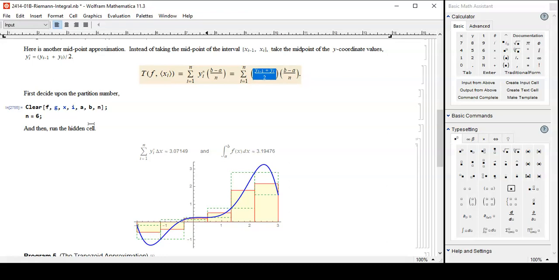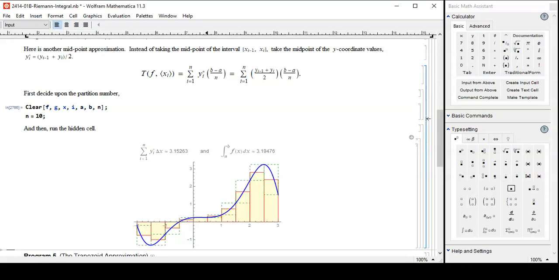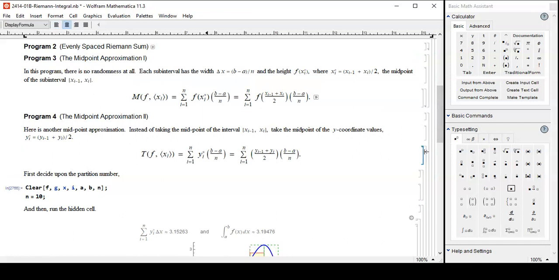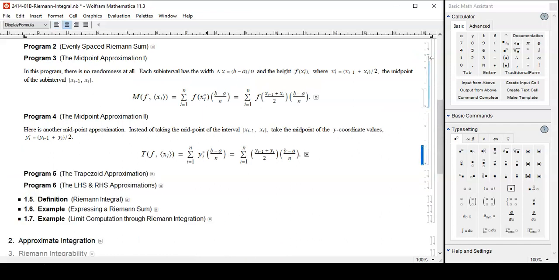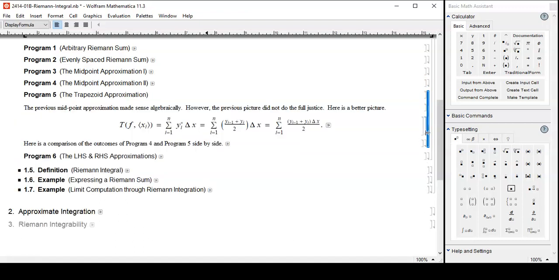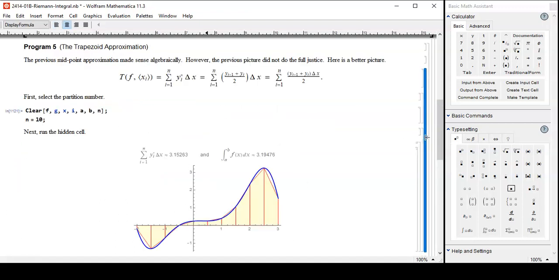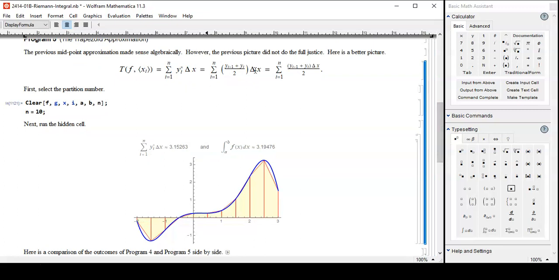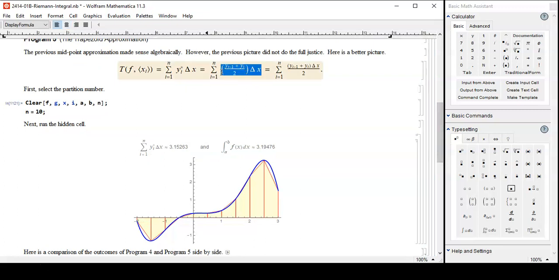We can take the midpoint either through the x-coordinate or the y-coordinate. Either way, it works out. It'll turn out, however, that this y-coordinate case is the same as the trapezoid approximation, because this expression here, with some algebraic manipulation, becomes like that.